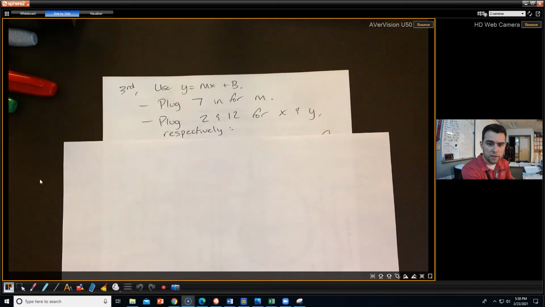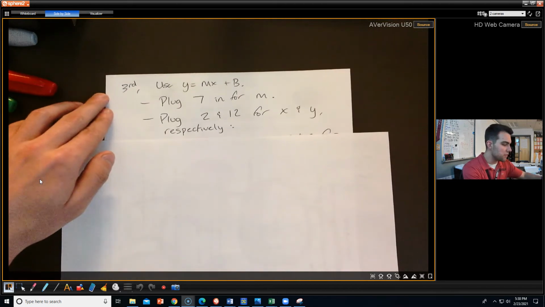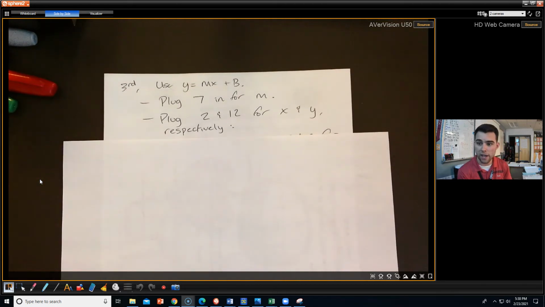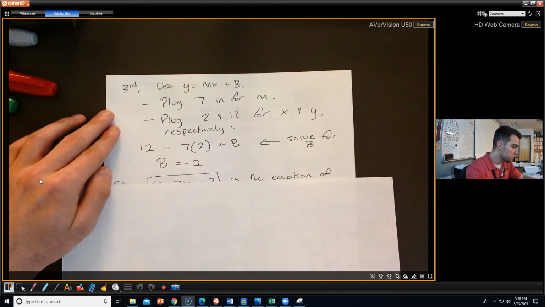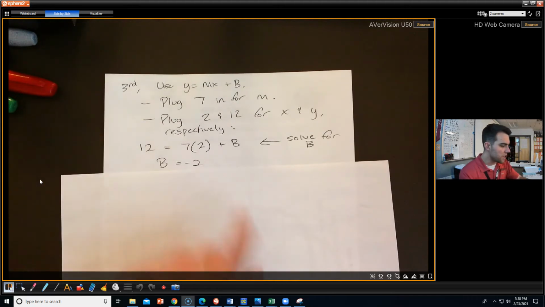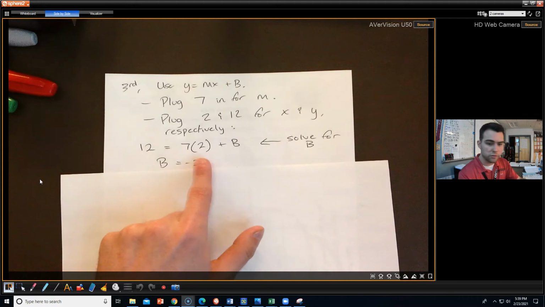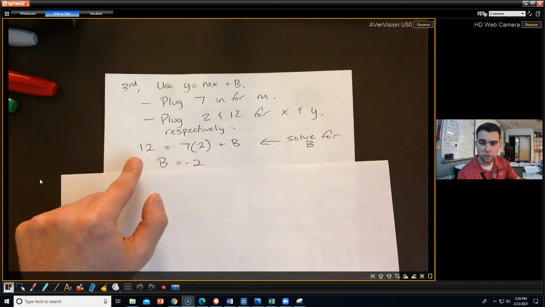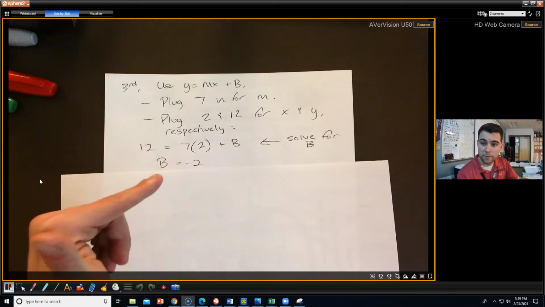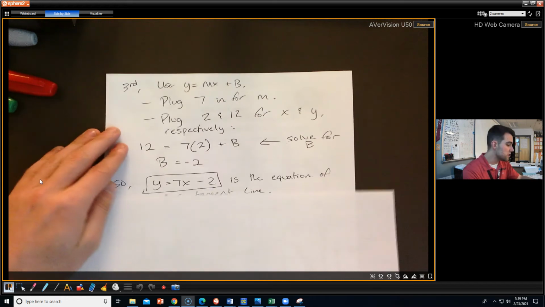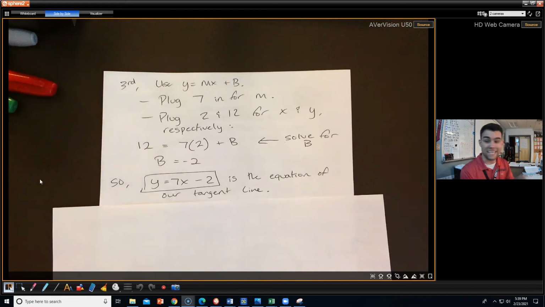So I'm going to plug my point (2, 12) in for x and y respectively. When I do this, I get 7 times 2 is 14. And then I substitute 12 in for y, and then I solve for my b, my y-intercept. And so my equation of my tangent line through that point is y equals 7x minus 2.